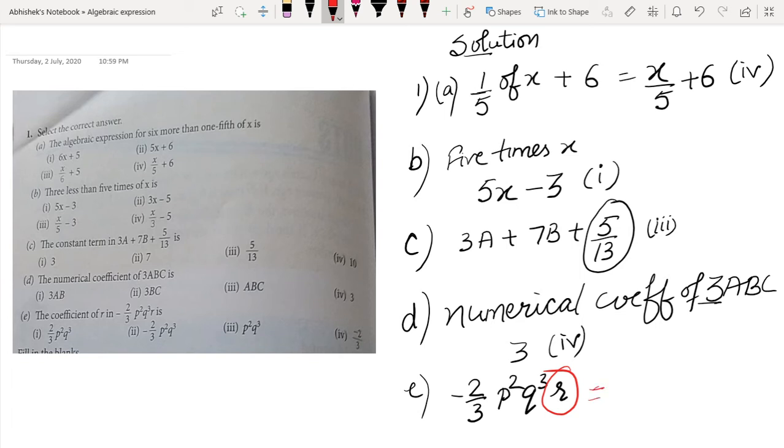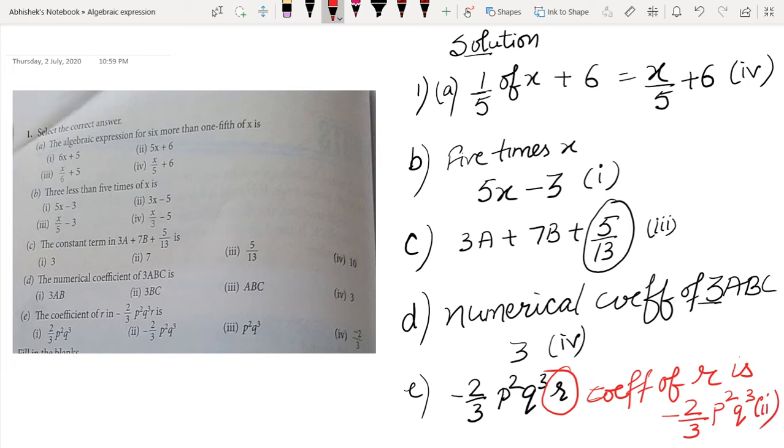So the coefficient of r is minus 2 by 3 p square q cube. Whatever appears with r, whether it is numerical or variable, we take all of that. In this way, the second option is correct.